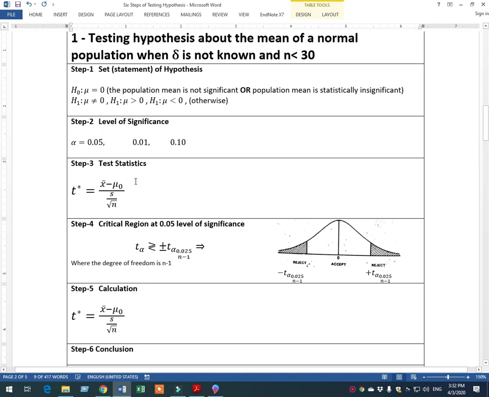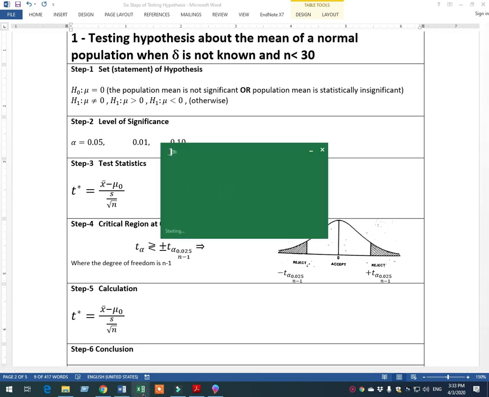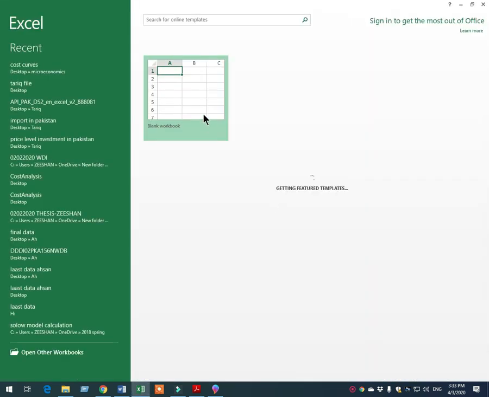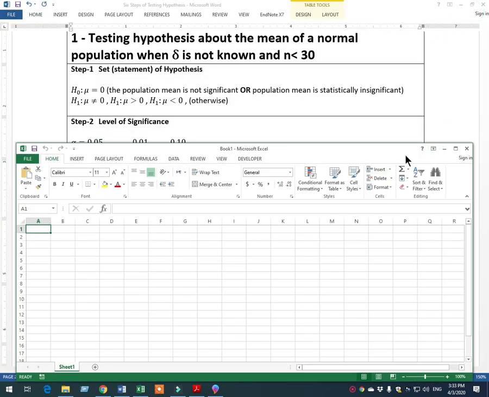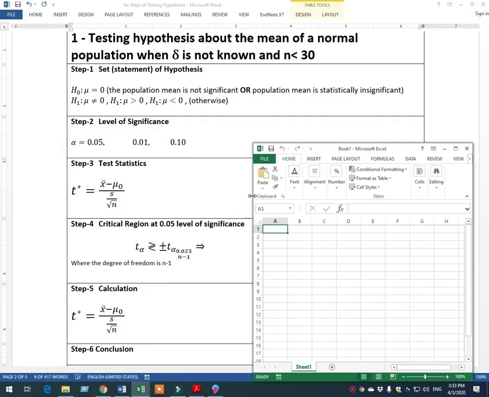So I'll be doing this in this sheet, but we'll be taking help from Excel, because some values are given and we have to take the mean and the standard deviation of those values. So I have opened this Excel sheet.